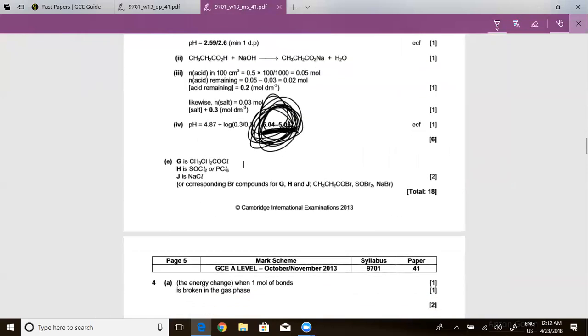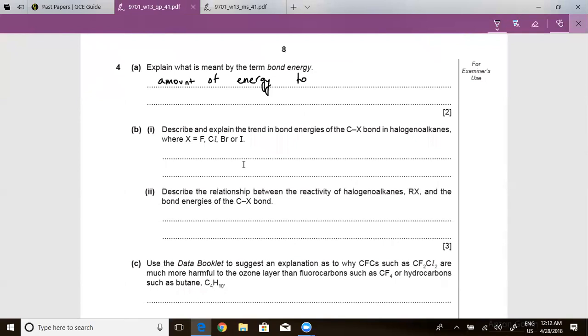The energy when 1 mole of bonds is broken in the gas phase. Break 1 mole of bonds, molecules in gas. This is essential.